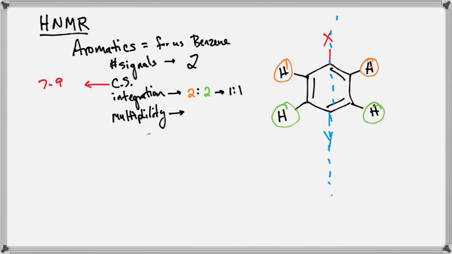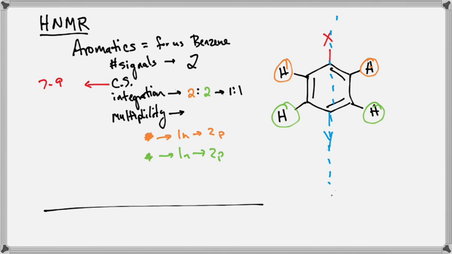What happens with our multiplicity? How many neighbors does the orange have? It only has one neighbor, which means 2 peaks. What does the green have? 1 neighbor and 2 peaks.